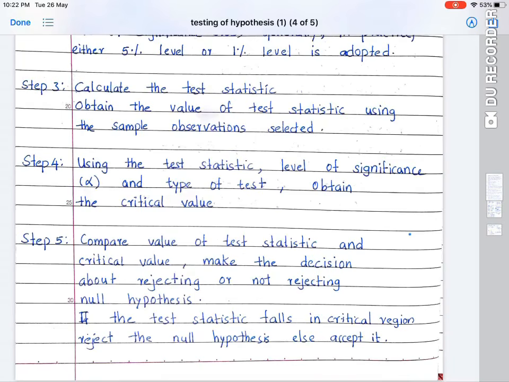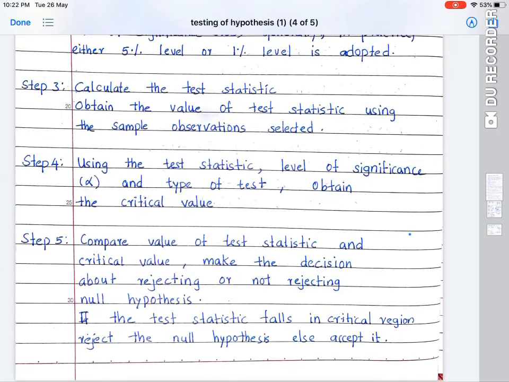If it's greater than 30, then you will use the large sample test. Based on the parameters given in the question, you will choose which formula could be used for testing the hypothesis, and you calculate your test statistic.